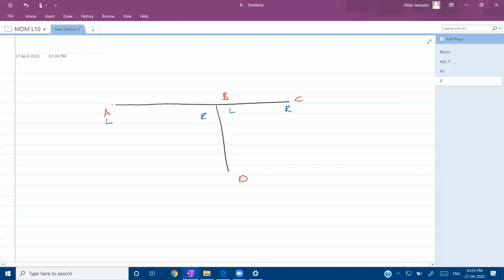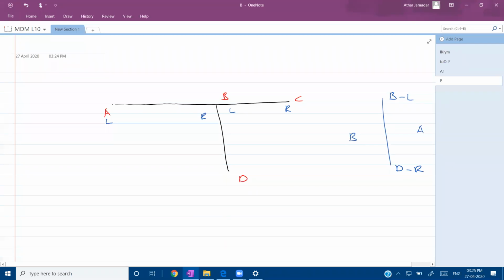And in case of column, I have told you the logic: if your portal frame is starting with the left hand side first column, then for that column only the bottom support will be left support and the top support will be right support. For all other columns, the top support will be left support and the bottom support will be right support. So in case of BD, B will be left support, D will be right support.